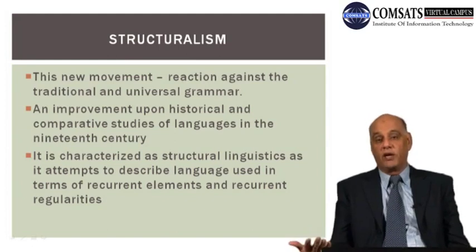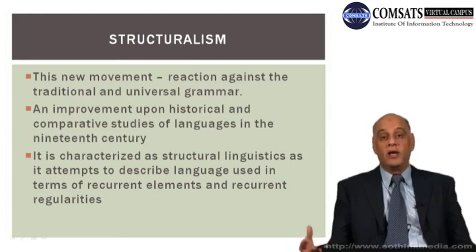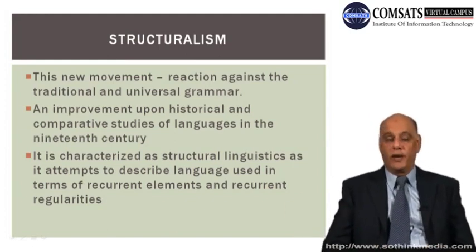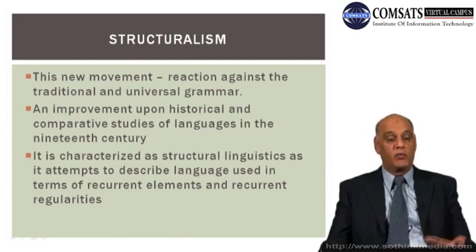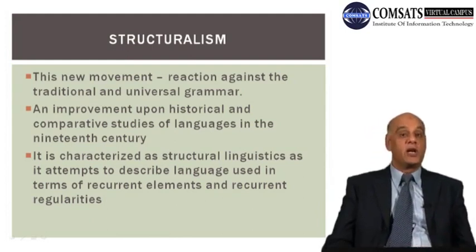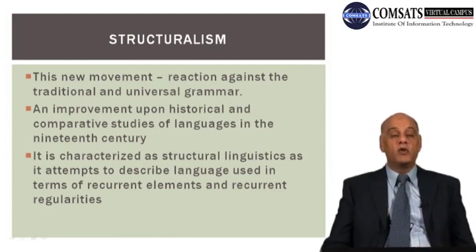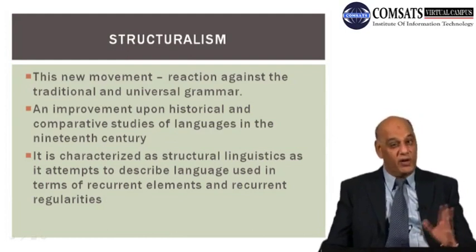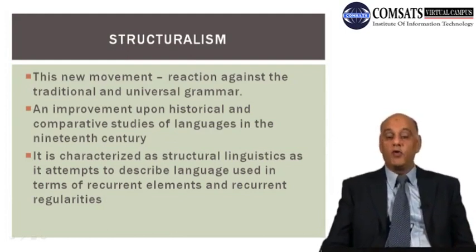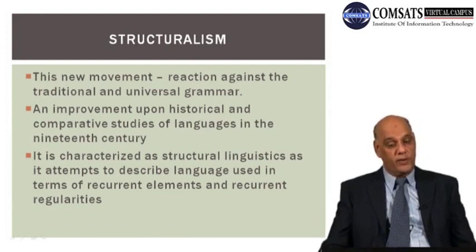They didn't want to contaminate it, or bring new ideas or different structures into their already established literary texts or written language. So this was the traditional idea. Now this movement was basically a reaction against that traditional concept, an improvement upon historical and comparative studies of languages in the 19th century.